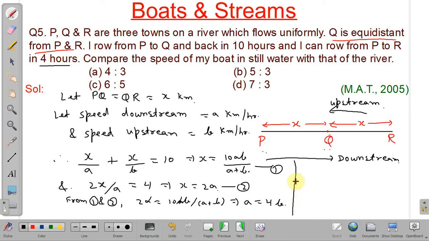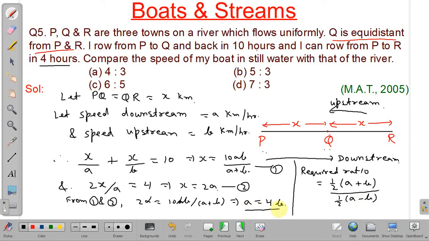Okay, now we have to find the ratio of speed of boat in still water to that of the river. So required ratio will be speed of boat in still water, and that will be half of upstream speed plus downstream speed, so a plus b, while speed of river will be half of downstream speed minus upstream, so a minus b.